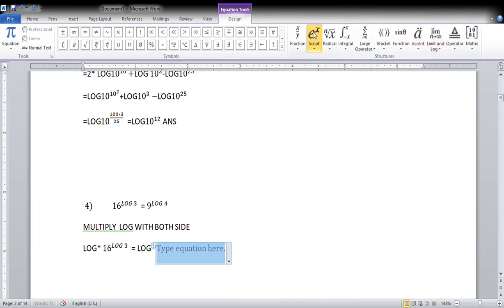It should be 9 to the power log 4, right?